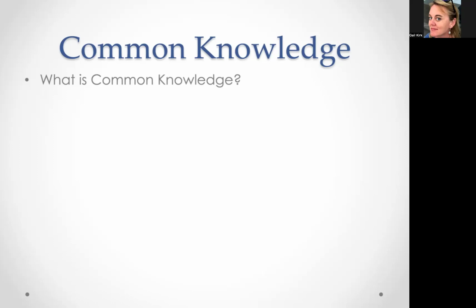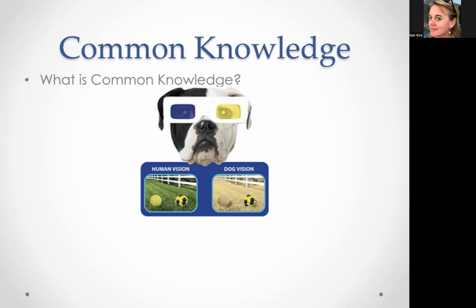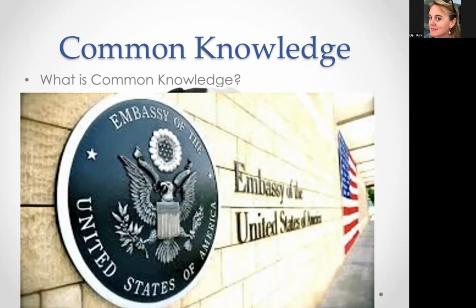A big one I always like to point out is that dogs can only see in black and white. Well, that's not true. In fact, dogs can see a tricolor. They don't see quite as vividly as us, but they do see some color. One that I used to hear a lot is that embassies are on United States soil. That's not at all what it is.